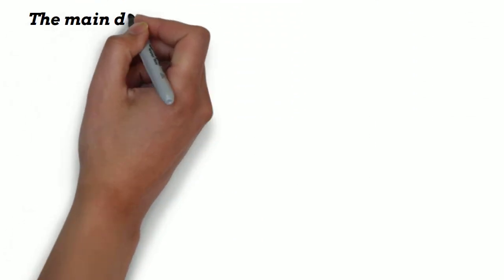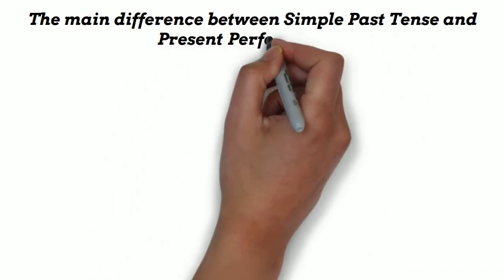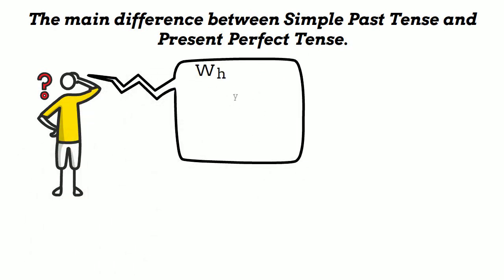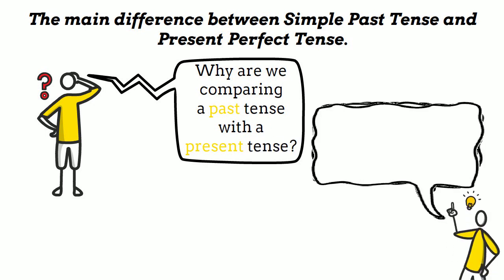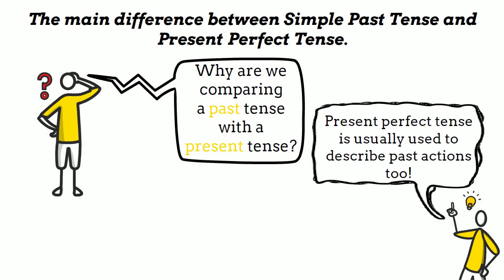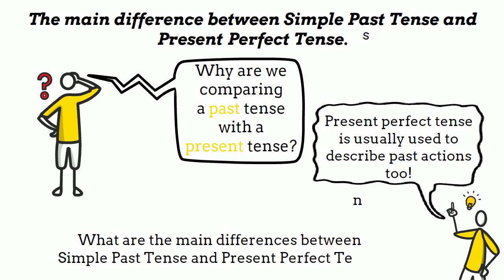Let's now see the main difference between simple past tense and present perfect tense. You will probably ask why we're comparing a past tense with a present tense. The answer is that the present perfect tense is usually used to describe past actions too. So, what are the main differences between simple past tense and present perfect tense?